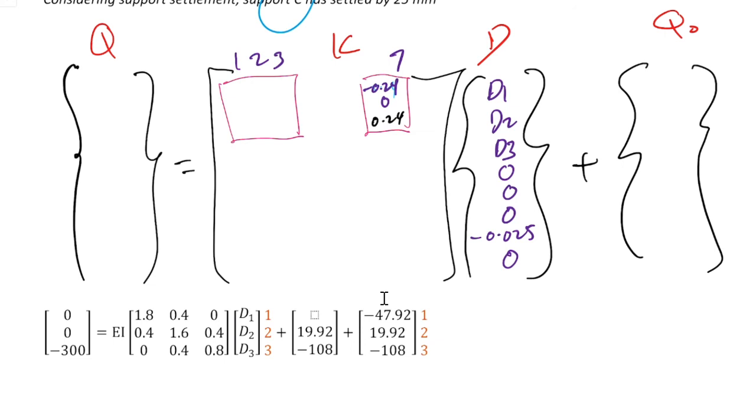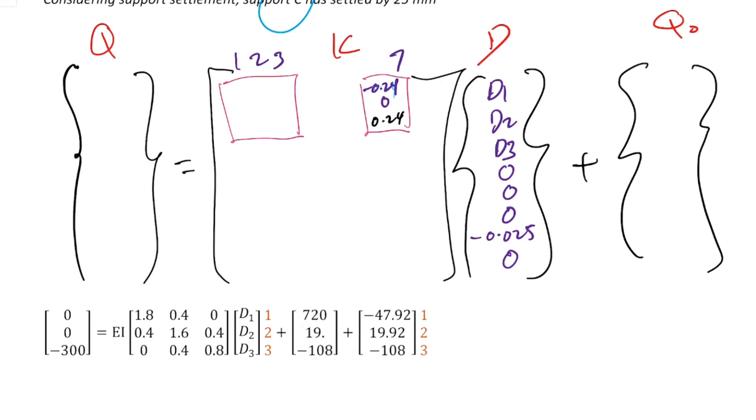Negative 0.24 times negative 0.025, so we get 720.